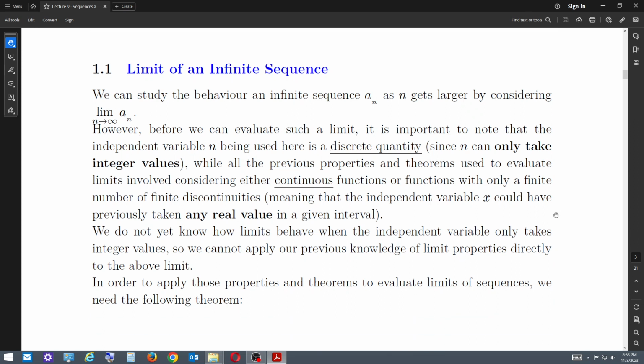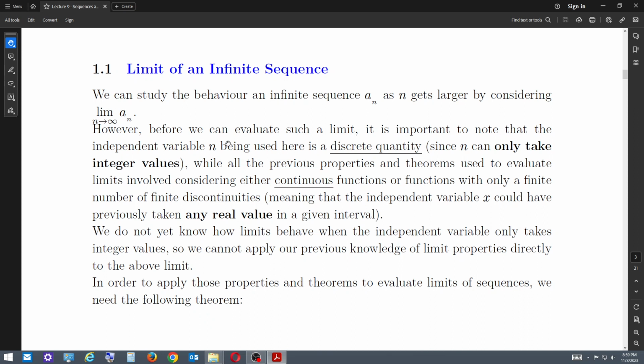Now, an important thing to bear in mind when we are talking about the limit of a sequence. Before in this course, all the properties and theorems we discussed were with respect to real numbers. Basically, the domain of the function was the set of real numbers. But for a sequence, you have to be a little careful, because the domain isn't the set of real numbers, as we just discussed above.